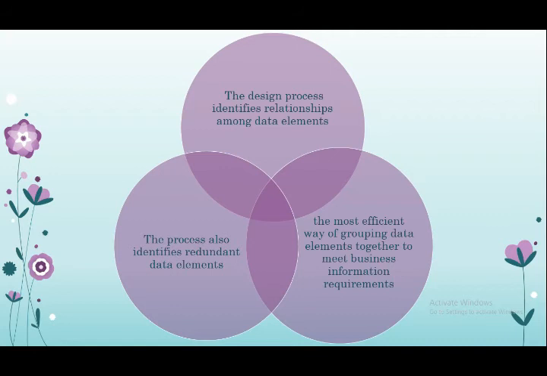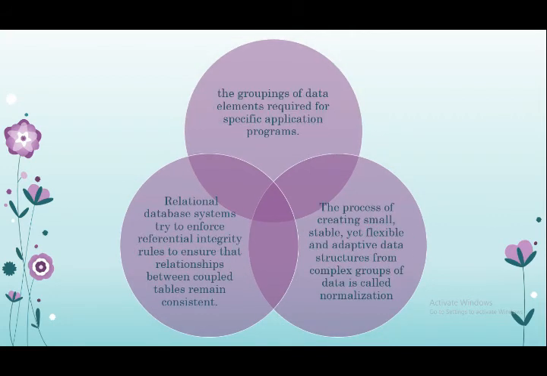The process also identifies redundant data elements, the most efficient way of grouping data elements together to meet business information requirements, and the groupings of data elements required for specific application programs.